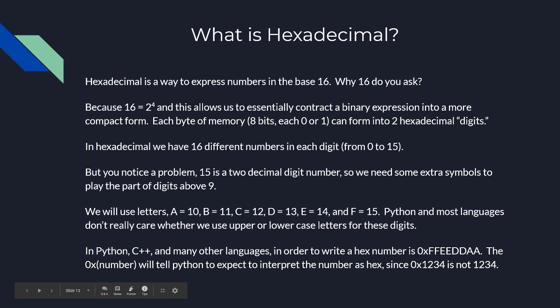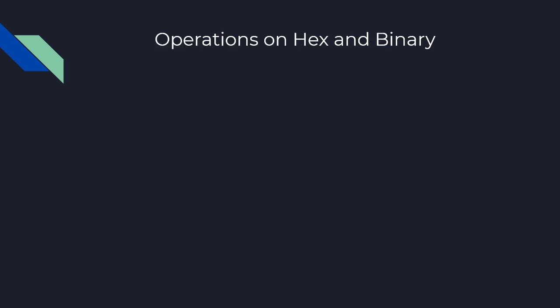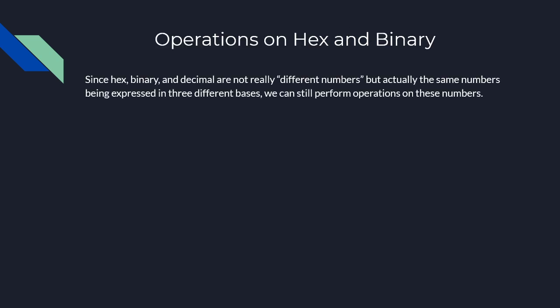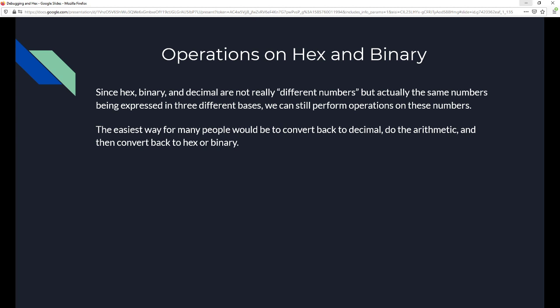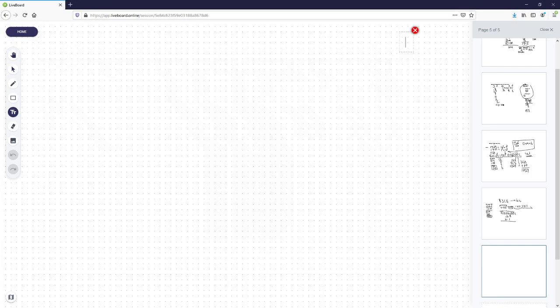So okay, let's actually try to compute these things. Let's actually just do some conversions. Let's convert 0x1234 into decimal.